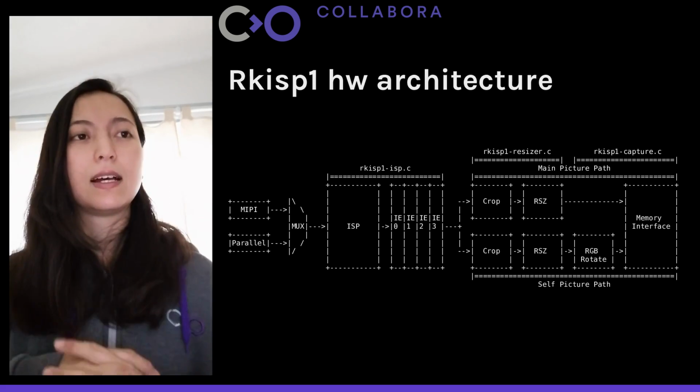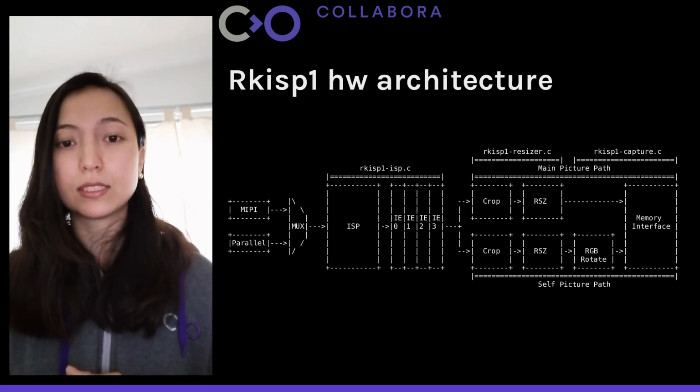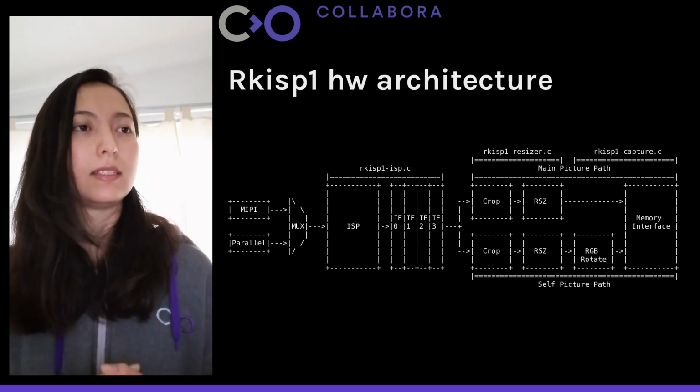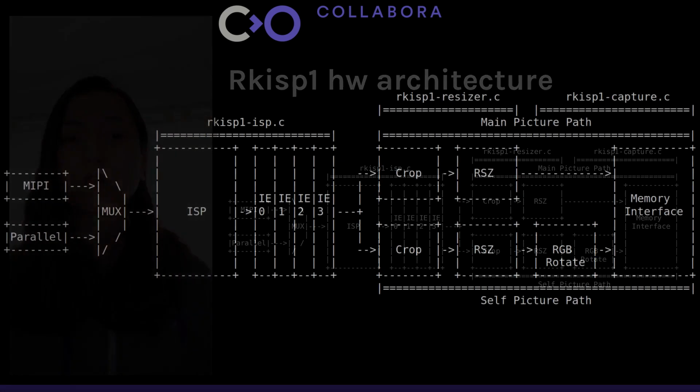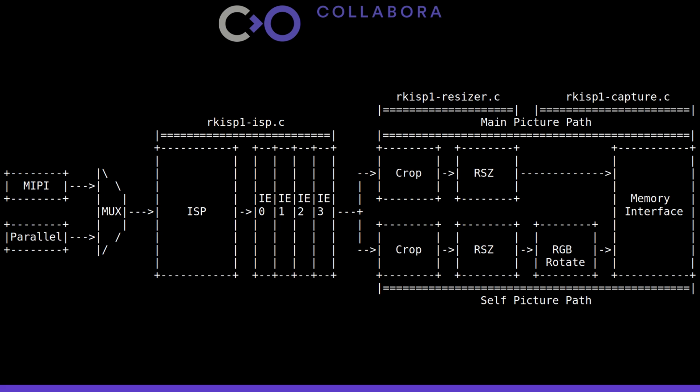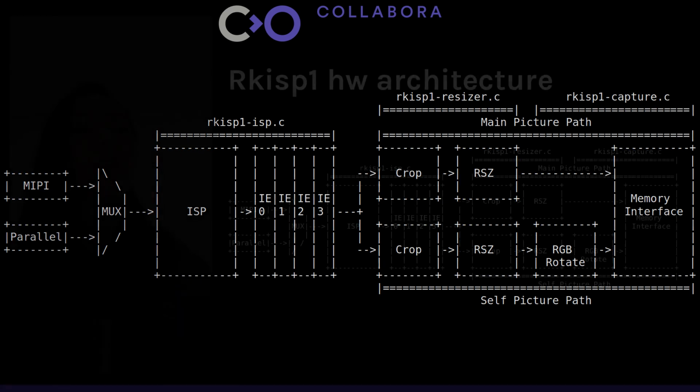So this is the hardware architecture of the Rockchip ISP. The image can come from those two buses. One is the MIPI DPHY that we mentioned, and the other one is a parallel bus, but the parallel is not implemented in the driver right now.